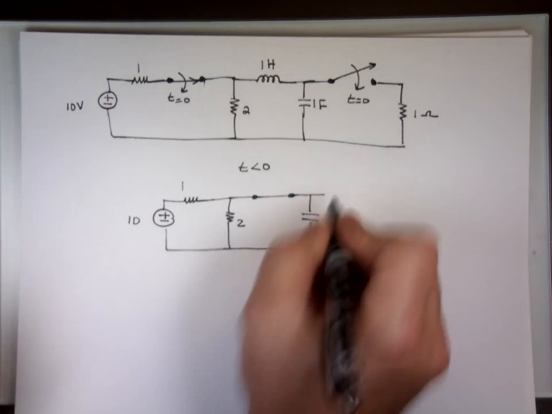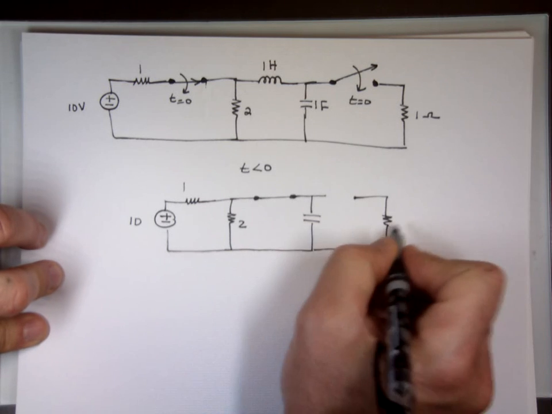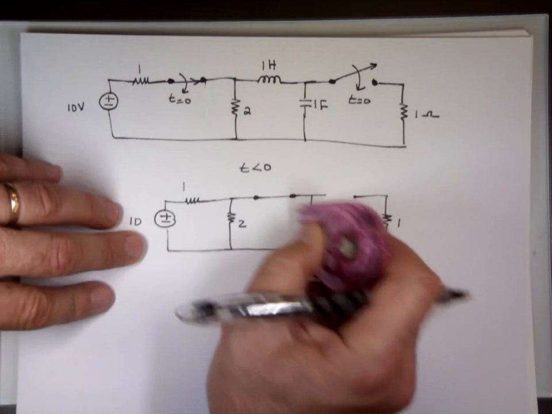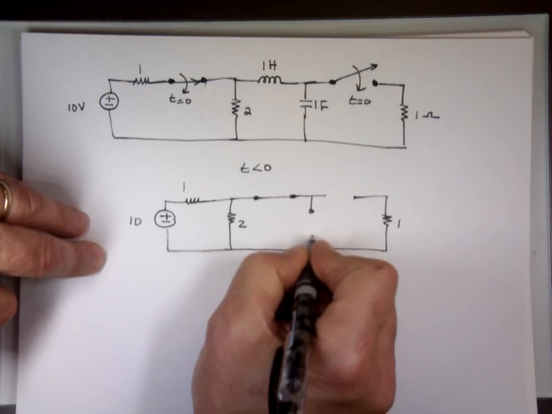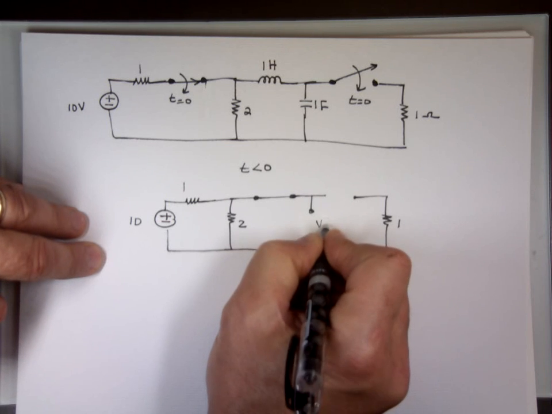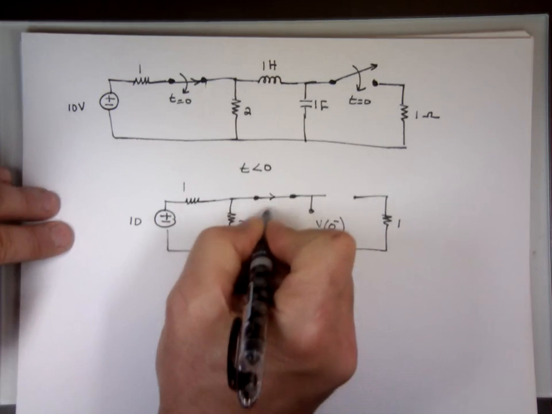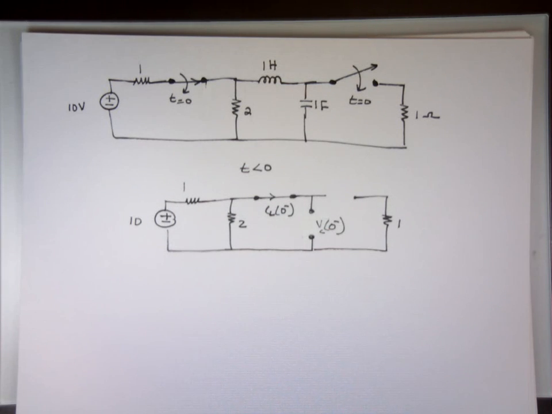That switch is actually open, so there's really nothing going through that resistor. If you want to make this an open circuit, the capacitor will look like this. Very similar to the previous one in terms of the initial conditions.